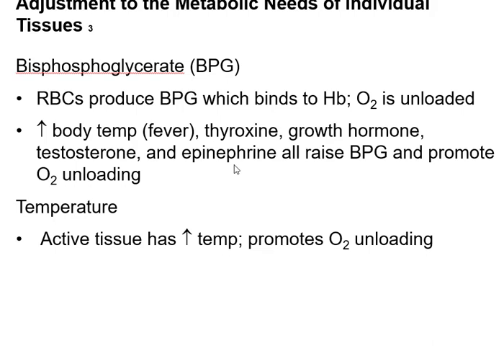And of course, adrenaline, if you're scared, you're going to get more oxygen unloaded, which is good because, again, you need to make a decision about whether to fight or flight. So adrenaline, epinephrine, all of these are going to increase your oxygen unloading.